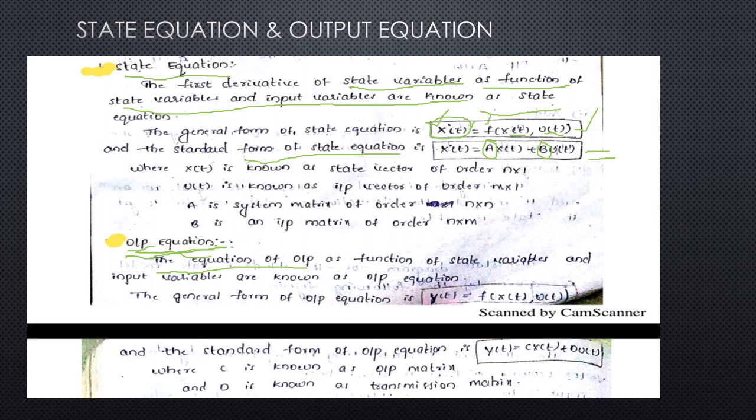So what is meant by output equation? Output equation is nothing but the equation of output as function of state variables and input variables.